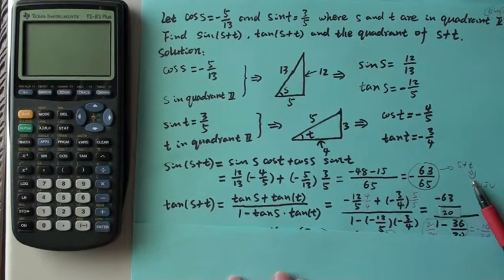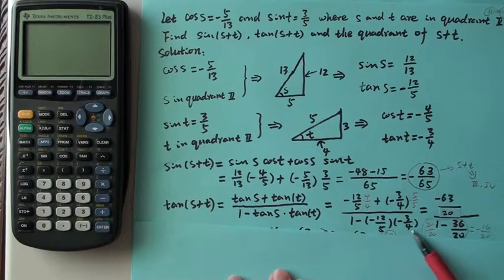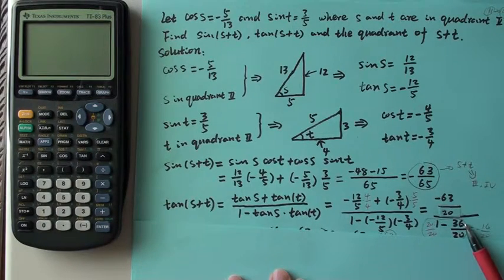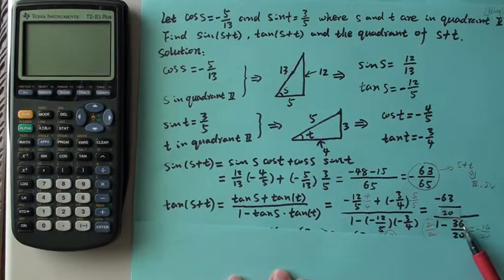Now for the denominator, negative, negative, 3 negatives, so you have a negative. 1 minus 3 times 12 is 36, 4 times 5 is 20. So 1 minus 36 over 20. 1 is 20 over 20.